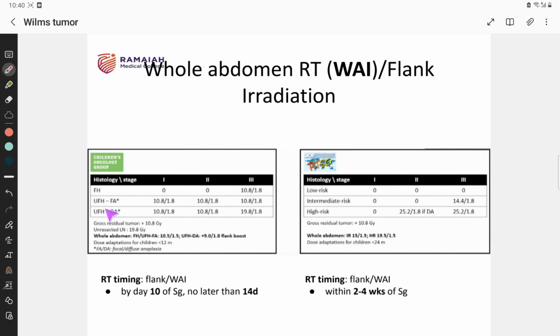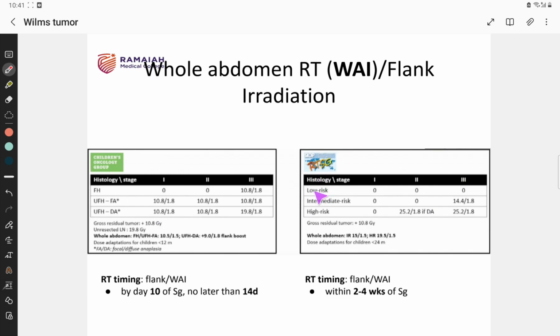In unfavorable histology, there is indication of RT in stages 1, 2 and 3 as well, but the difference is a little bit here. For diffuse anaplasia, unfavorable histology, in stage 3 we give 19.8.